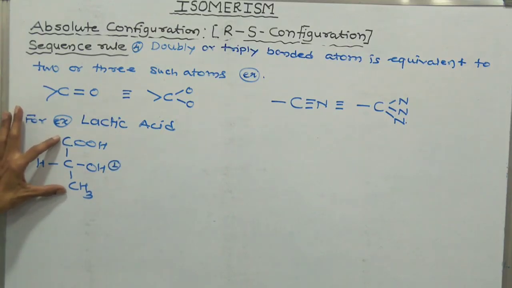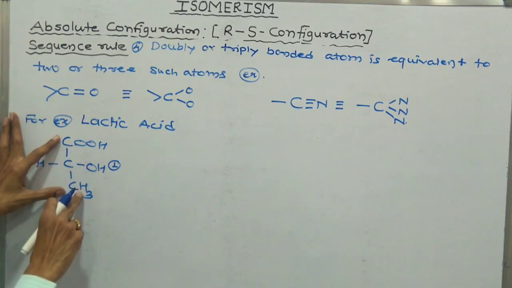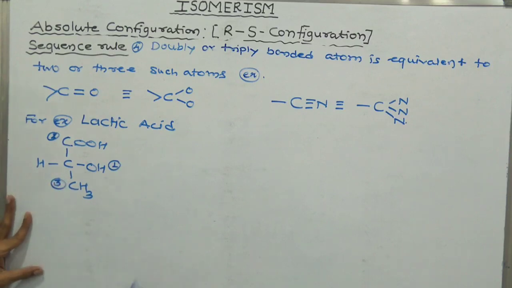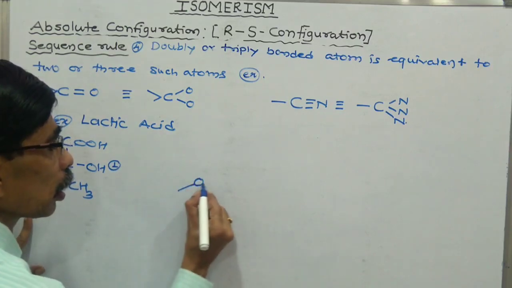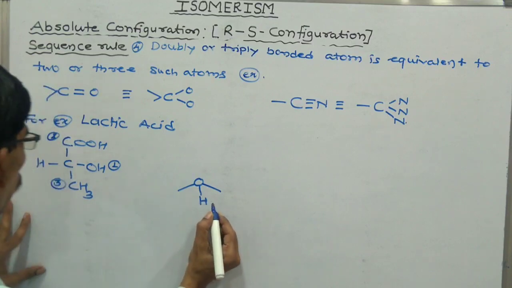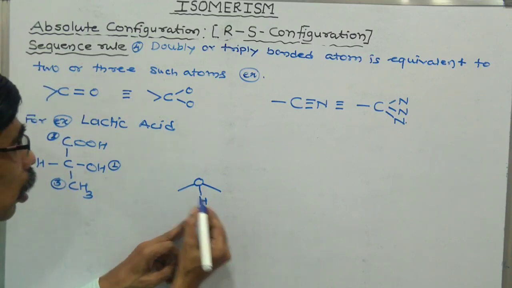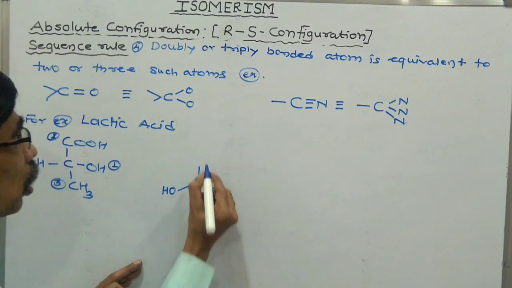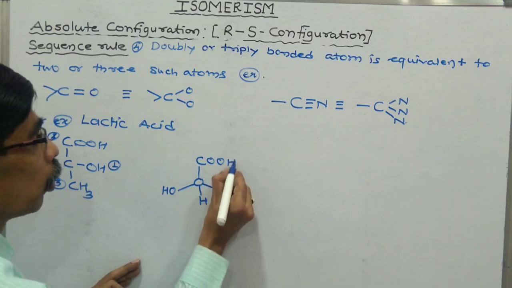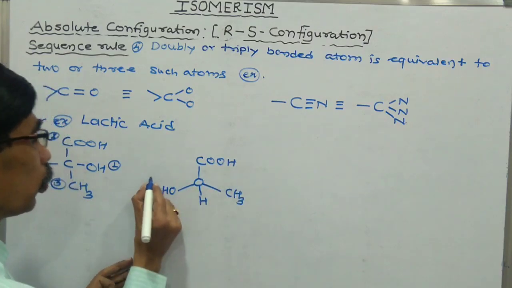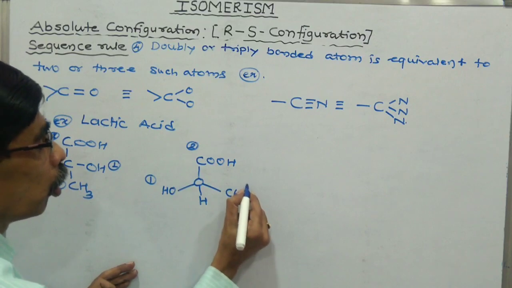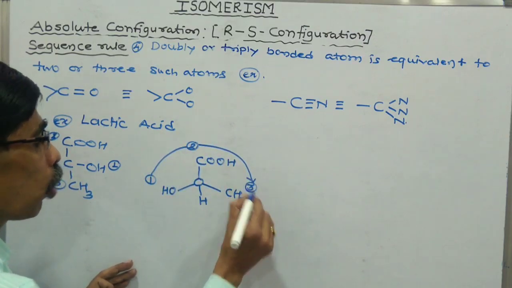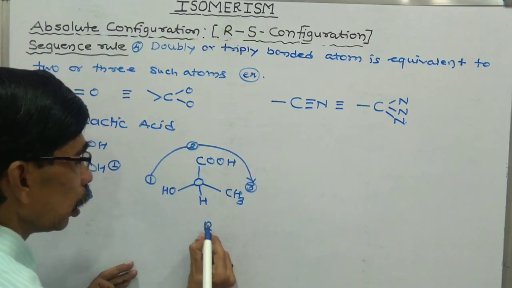Now in this COOH and CH3 group, the second atom is oxygen and here the second atom is hydrogen, therefore the COOH group has the second priority and the CH3 group has the third priority. Therefore we can write this configuration. The lowest priority atom hydrogen is here, the first priority atom is OH, the second priority is COOH, and this is CH3. Now this is 1, 2, and this 3. Such rotation is clockwise, and therefore it is the R configuration.